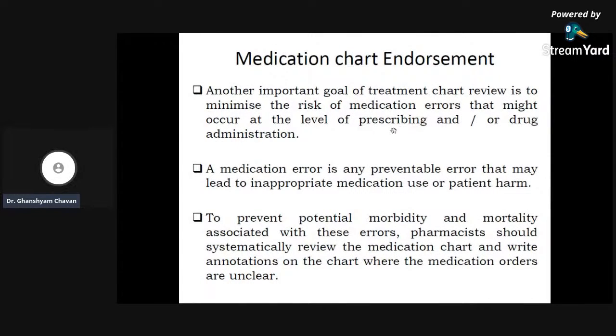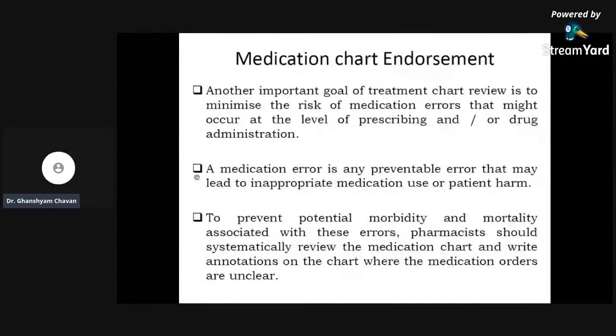By considering the patient's history and the patient's health status, when you prescribe the drug correctly, no medication error will occur. And next is drug administration. When the patient completely follows the instruction of the physician on how to take that drug, it will also avoid the drug administration error.